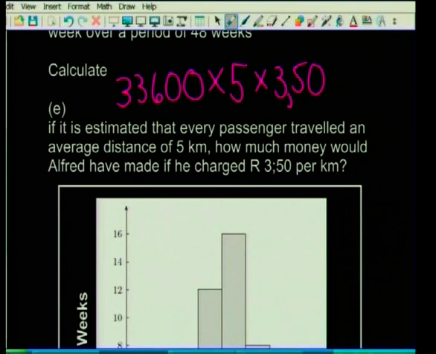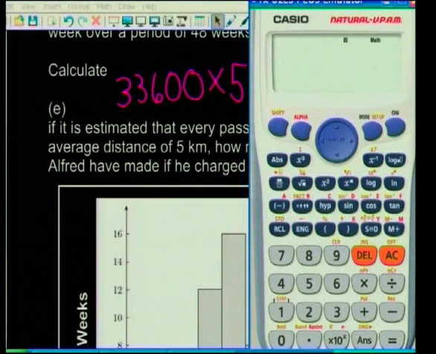And the answer to that sum will give us what we need. So let's have a look. 33,600 times 5 times £3.50, and that's a lot of money. 588,000. Okay, so quite a lot of money there.